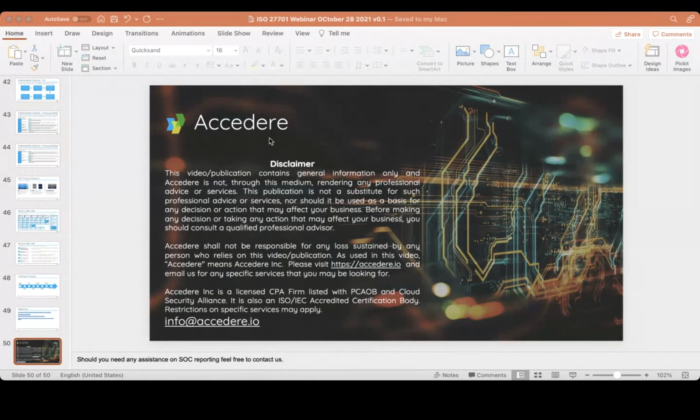Okay. Our next question is, do you have the ISO 27001 standard which you could share with us? So these standards are specifically bought standards, licensed only to the organizations who buy them from ISO.org. It is illegal to share those standards, and we cannot share any standards.